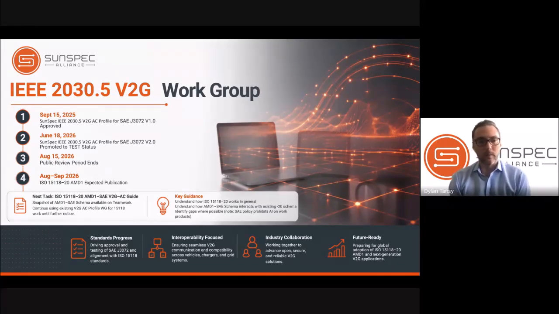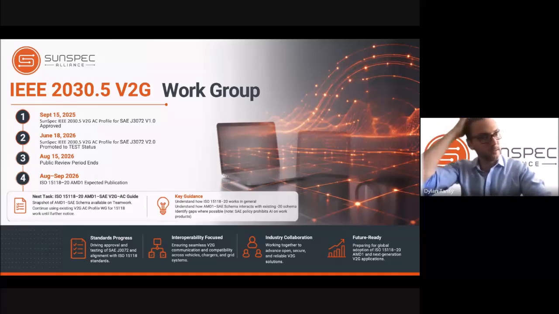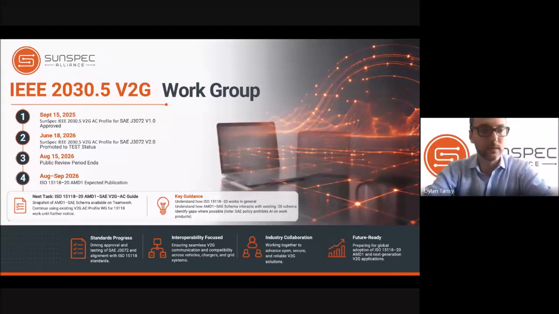So we're simultaneously developing 2030.5 profiles and compiling test procedures so we can, on the fly, based on what's required for a different application, configure compliance criteria and test procedures as well. So please do take a look at the 2030.5 V2G AC profile. It's already up on the website for you to download and read and submit comments on. Over the next 45 days, we will be taking the input and resolving any comments that we receive in the workgroup meetings.